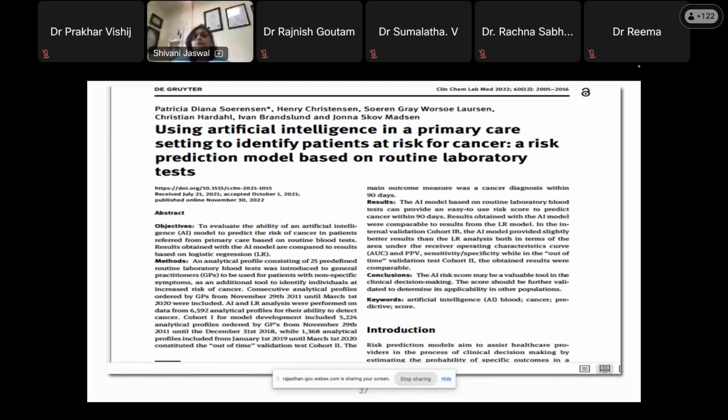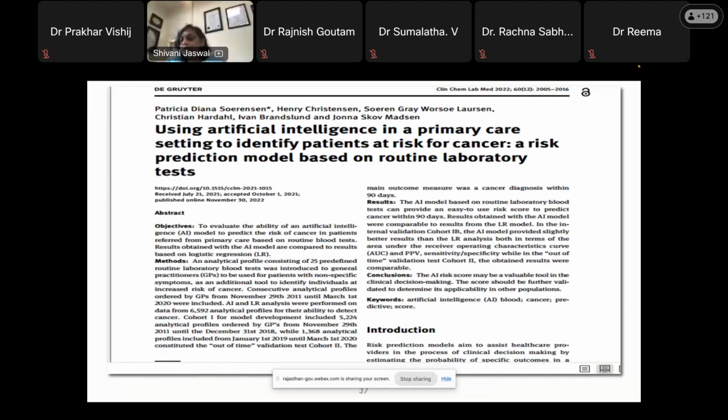So these AI tools have also been used to formulate certain scores. This is a paper which talks about a score that was developed for prediction of cancer using the routine laboratory tests.